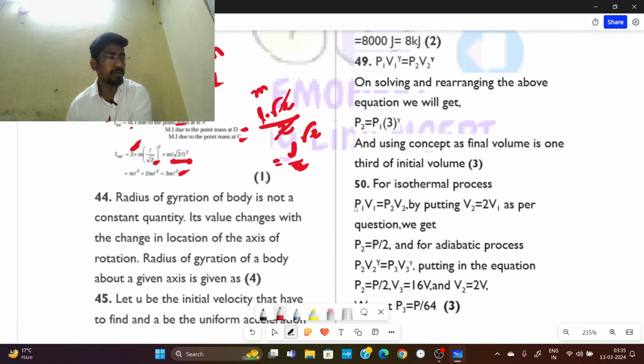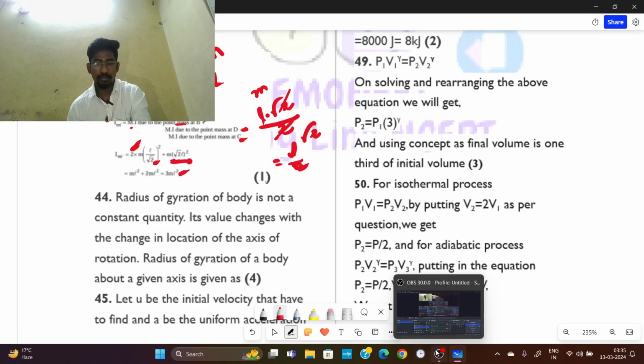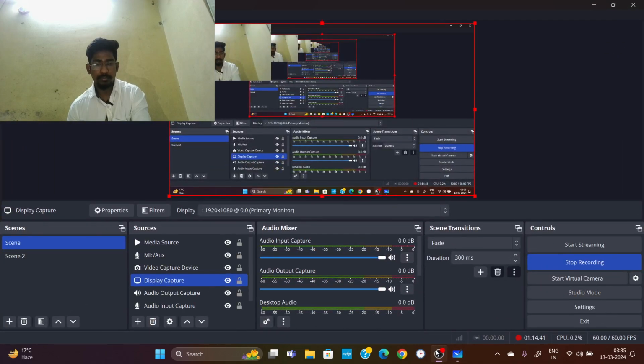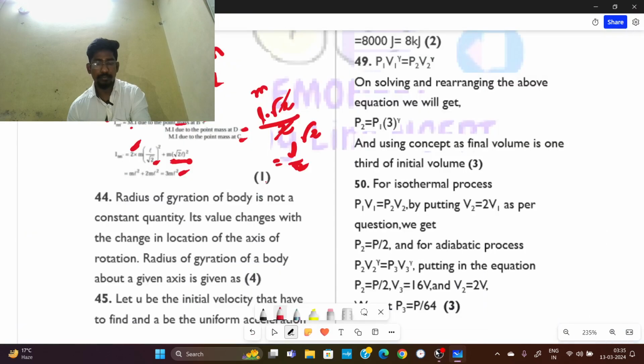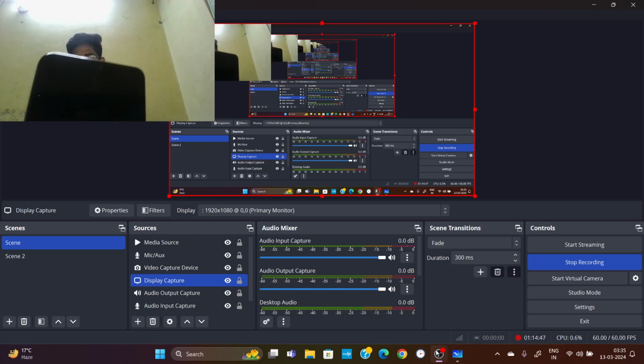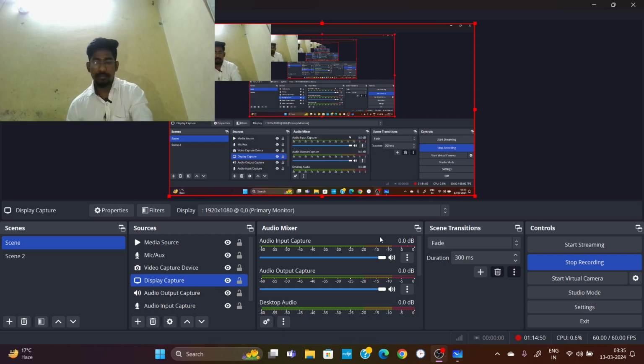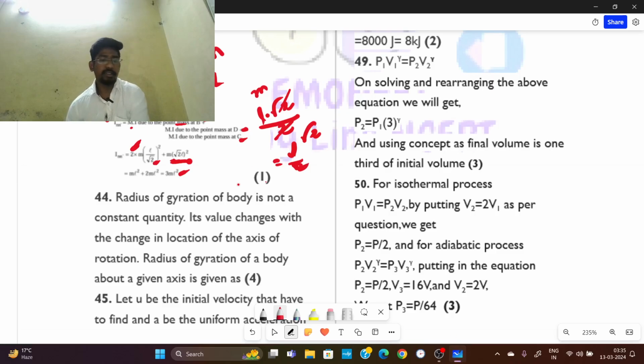For question number 44, the assertion is that the radius of gyration of a body is a constant quantity. The reason given is that the radius of gyration of a body about an axis of rotation may be defined as the root mean square.